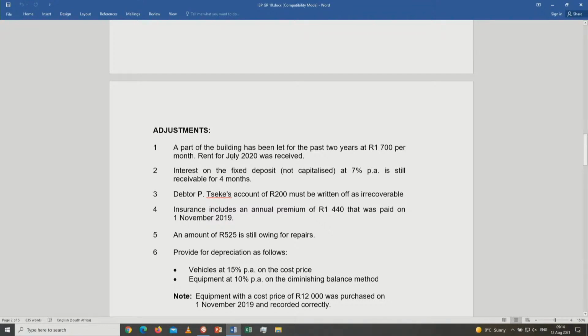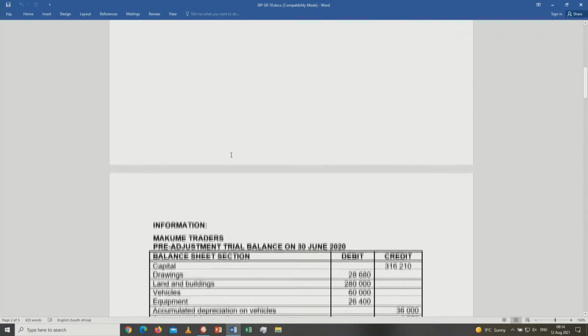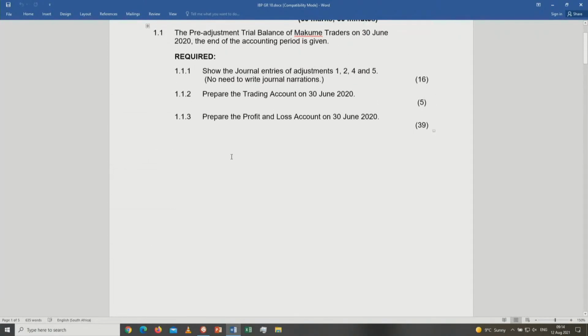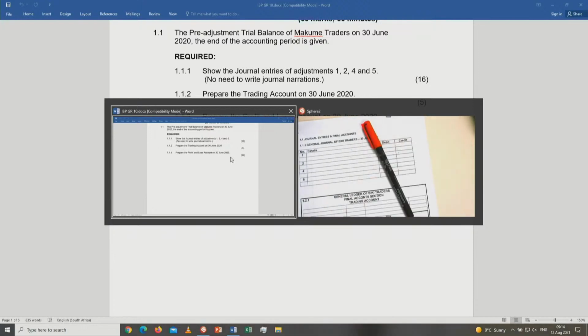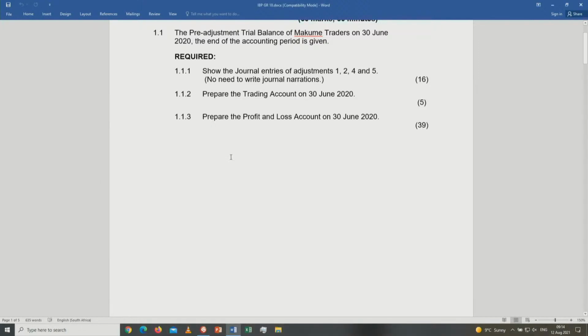Now, the first one, it says here, a part of the building has been let for the past 2 years at 1,700 per month. Rent for July 2020 was received. Remember, I said to you, be able to identify when is the beginning of the financial period and when is the end of the financial year.